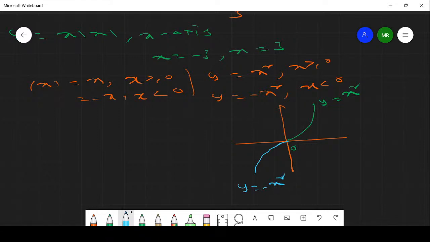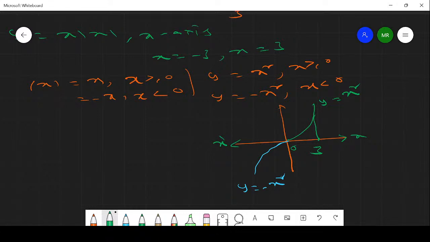Between, they are asking minus 3 to 3. You take the point between minus 3 to 3, which means I can take the point here. For example, this is minus 3, this is 3, this side is the x-axis, and this is x dash. This is minus 3.